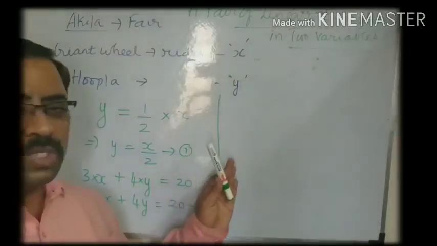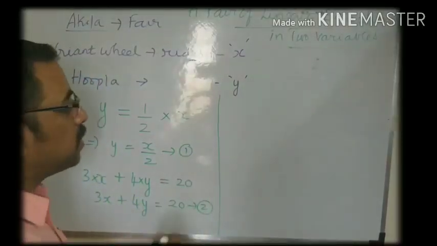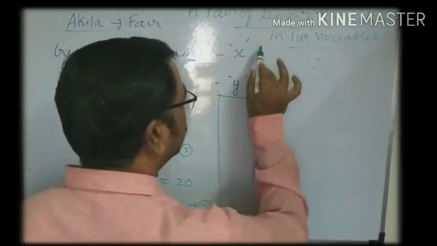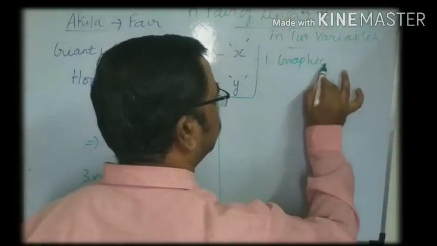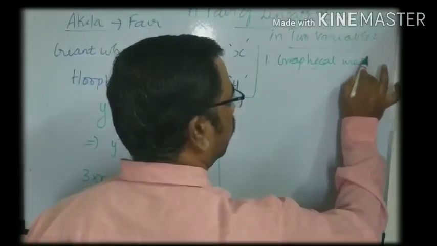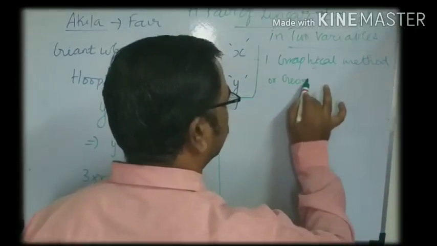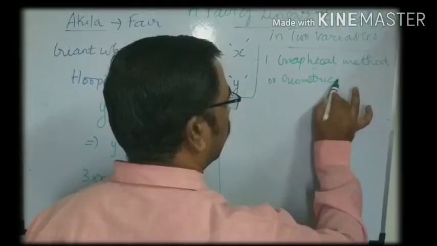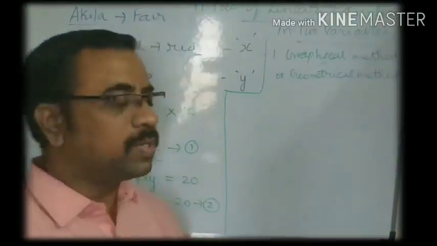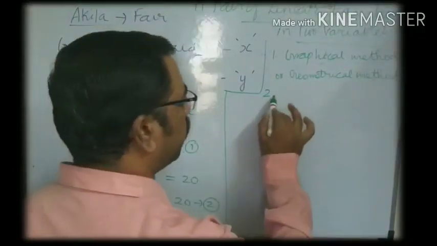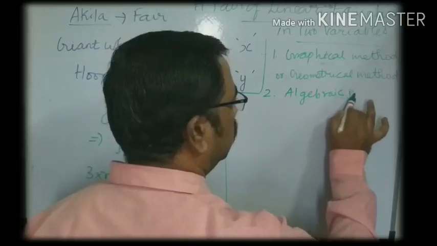Solving these two equations, we will have certain methods in this chapter. We can either solve by the first type, called the graphical method. Graphical method is also called the geometrical method. We can also solve this problem by the second type of method called algebraic methods.